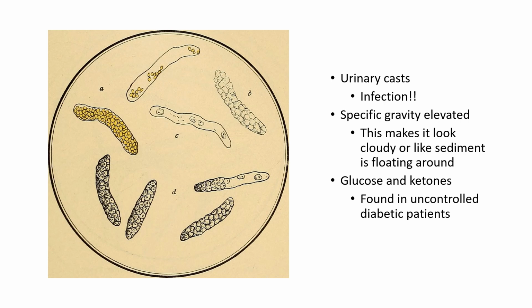So we also are going to look at the specific gravity of the urine. So if the urine is really pale yellow and clear, you can literally see through it, that's a low specific gravity. The more cloudy it becomes, the more that it has white blood cells, or more concentrated it is because the person's dehydrated, they don't have a good urine output, or they have kidney failure, the specific gravity is going to increase.